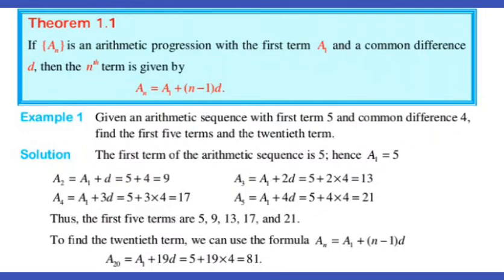Therefore, a2 equals a1 plus d, 5 plus 4 equals 9, a3 equals a2 plus d, 9 plus 4 equals 13, and so on. For the 20th term, a20 equals a1 plus (20 minus 1) times 4. 20 minus 1 is 19, therefore a20 equals a1 plus 19d. That means 5 plus 19 times 4 equals 81.